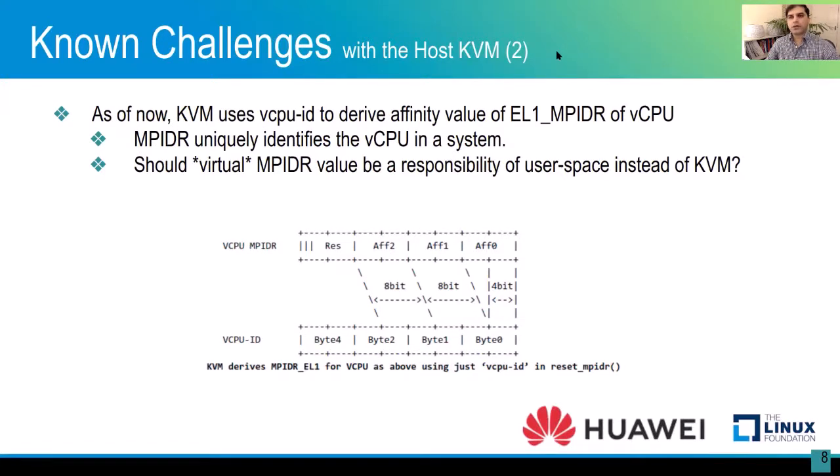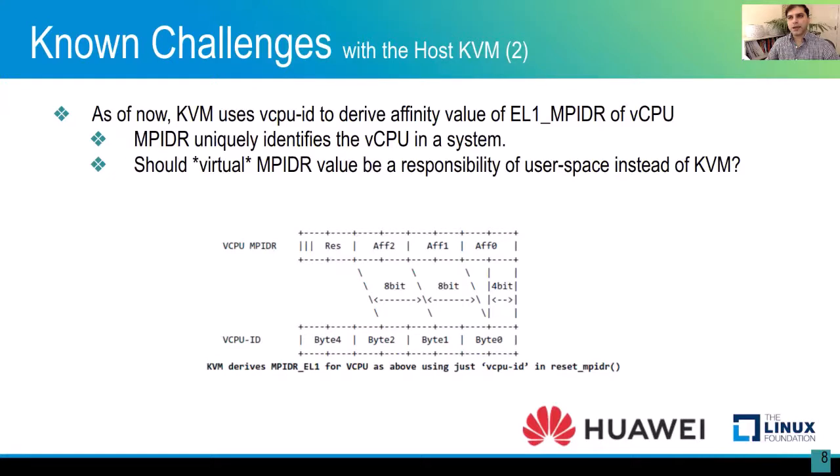Also, we know that generally the MPIDR is something which uniquely identifies the vCPU in the system. And for the virtual world, as of now, this particular register value is derived and set by the KVM. Ideally, it should be a responsibility of the user space instead of the KVM.